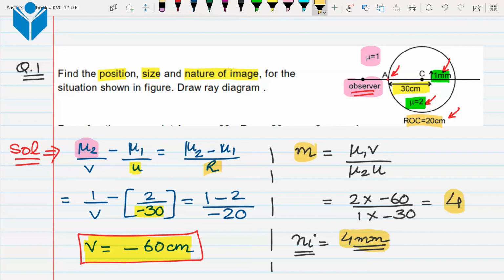Yes, sir. Okay, so we have done this refraction at curved surfaces. Now we can note some important points. Are we ready to note those?